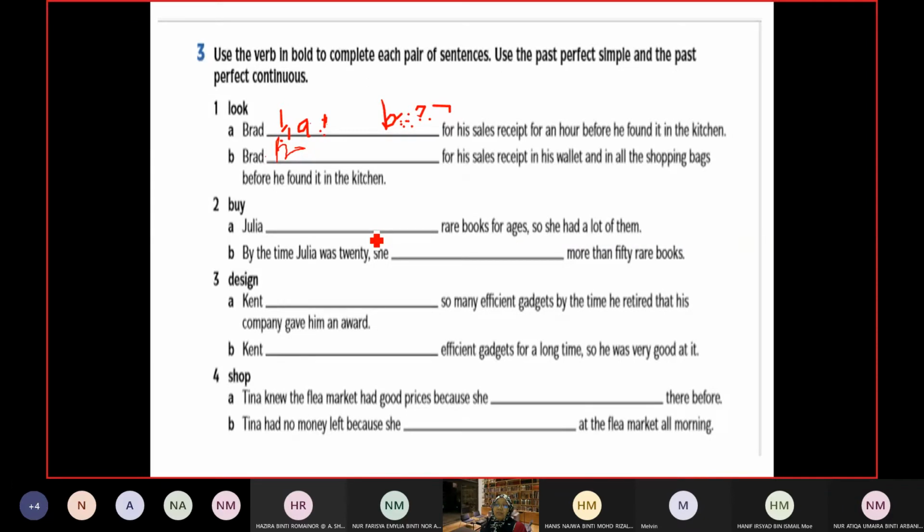Please write your answer using pencil in your textbook. Hanis Najwa, are you there? Hanis.